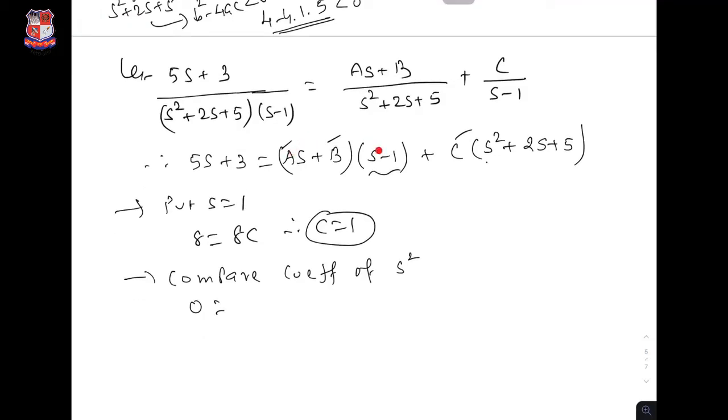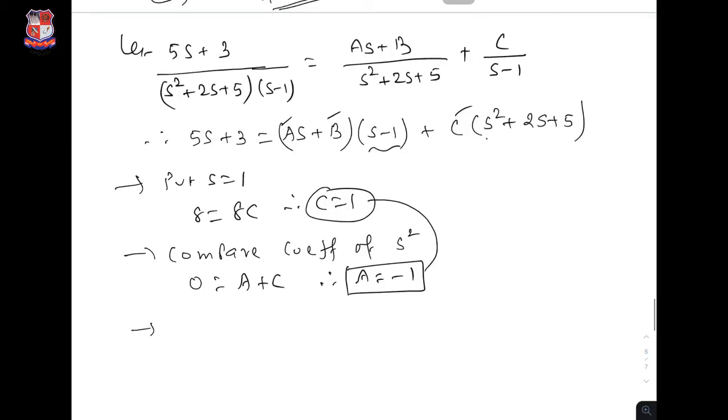On the right side, this is a times s squared, then c s squared, so this is c. And c equals 1, so a equals minus 1. Here we use the value of c, so a equals minus 1.